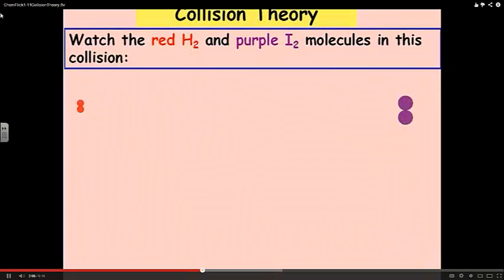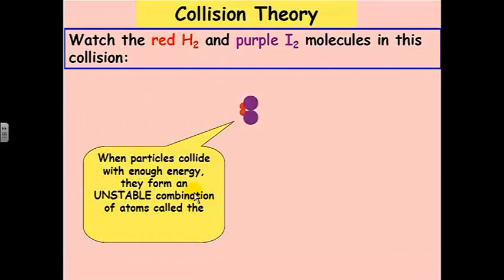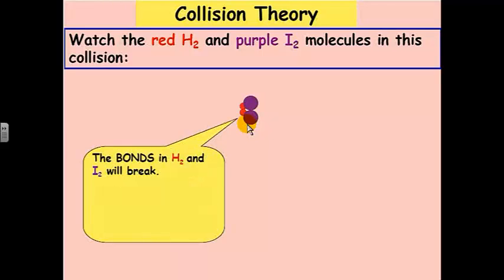Let's consider this collision, this time with a little more kinetic energy. When the particles collide with enough energy, they form an unstable combination of atoms. This is called the activated complex, and in this case it has the formula H2I2. If they collide with enough energy, the bonds in the H2 and the I2 will break.